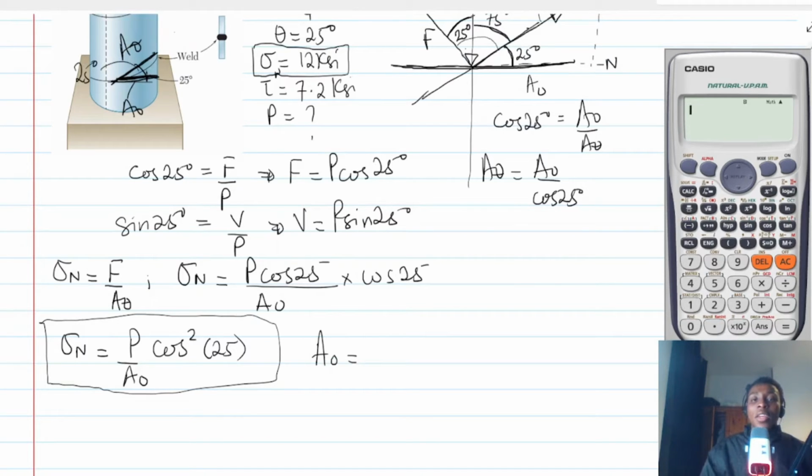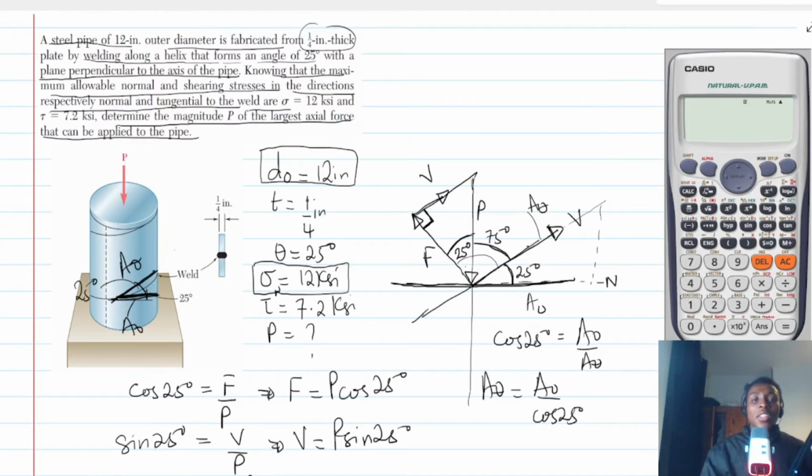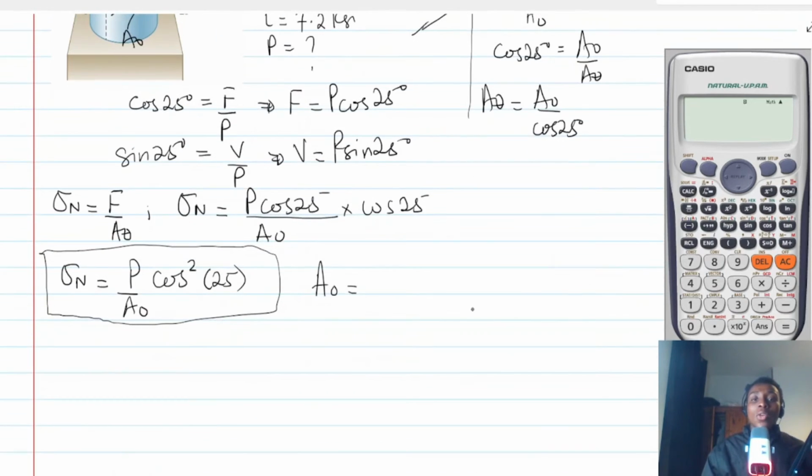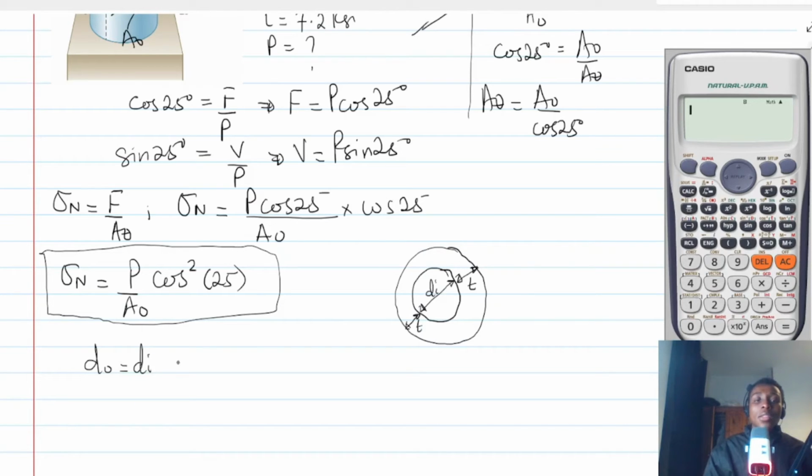because we have the outer diameter and the thickness, we can actually solve for the inner diameter. So this is what I'm saying. We have an inner diameter, then we have an outer diameter. So we have a thickness, and this one is also some thickness, and this is the inner diameter. So we can say that the outer diameter is the inner diameter plus twice the thickness.